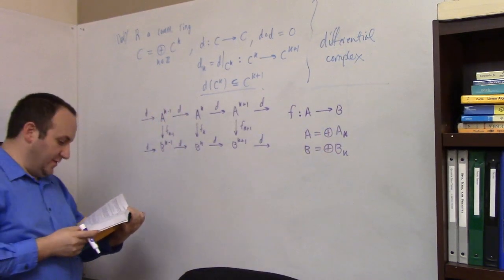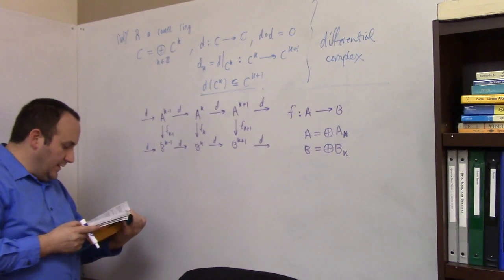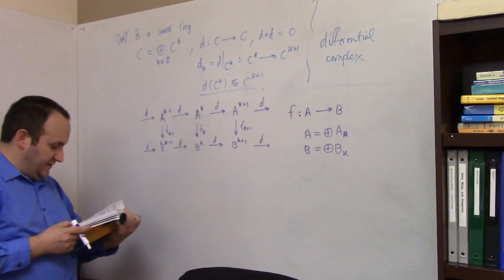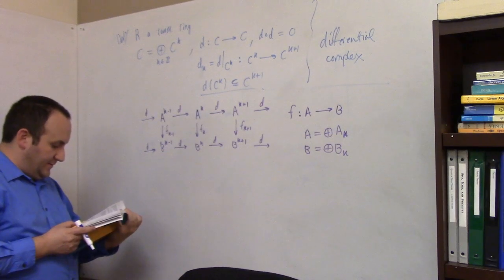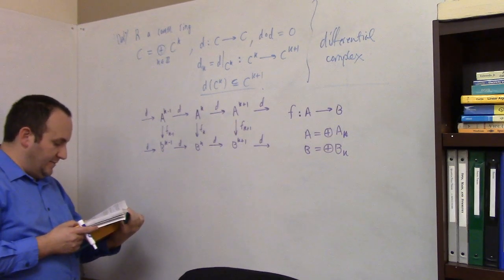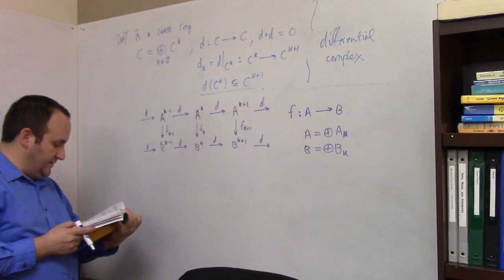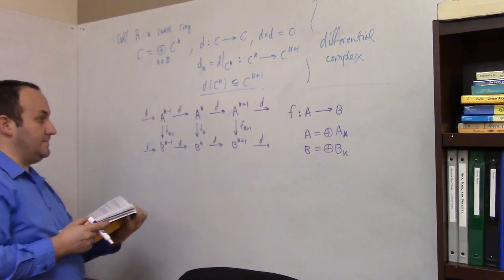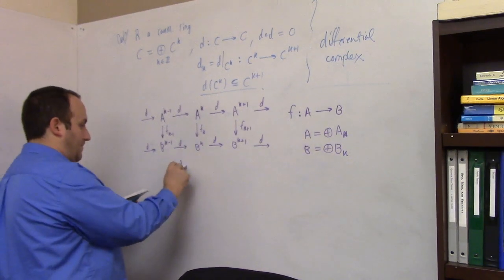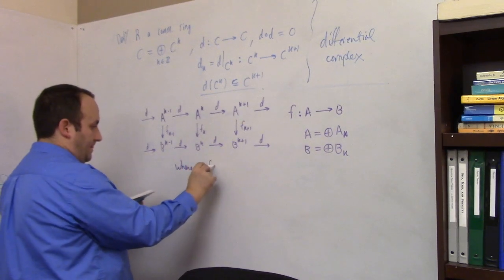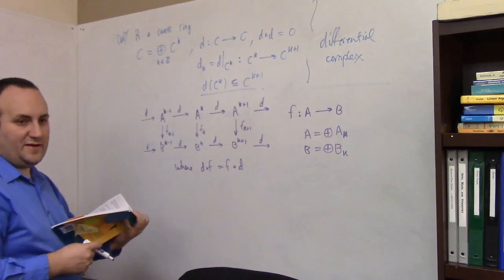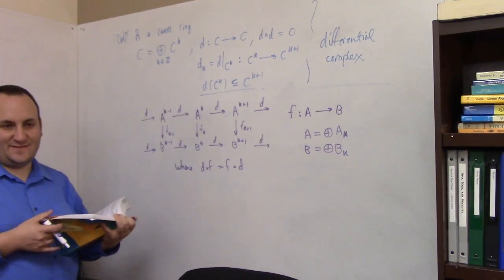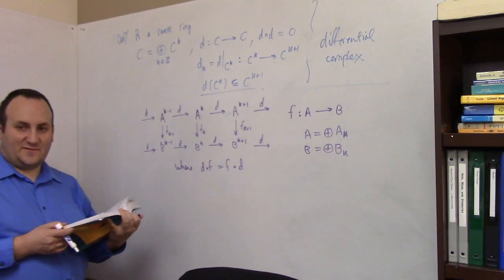These are differential complexes. A map F from A to B is called a chain map if F is a degree 0 graded map such that D composed with F is equal to F composed with D, with all of the requisite indices deserved thereunto.